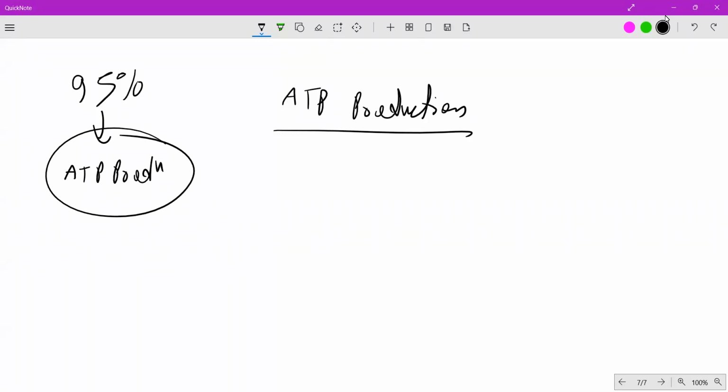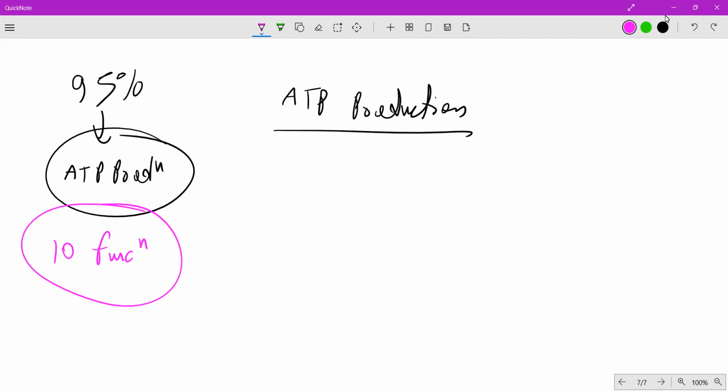But do you think this is the only function of mitochondria? No. Mitochondria has more than 10 functions. It is a multifunctional organelle. ऐसा नहीं है कि its only function is to produce ATP.